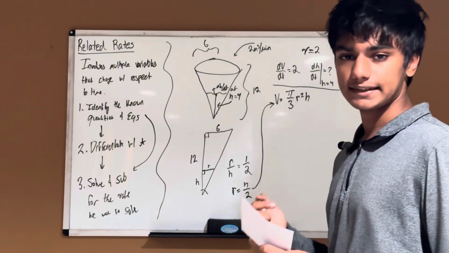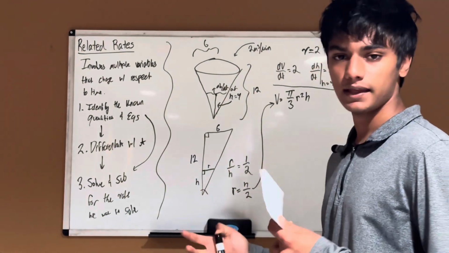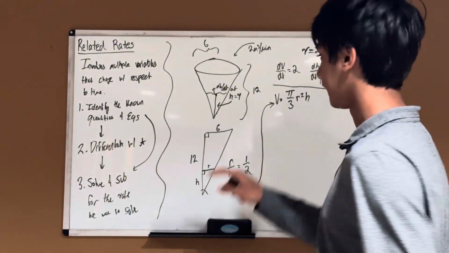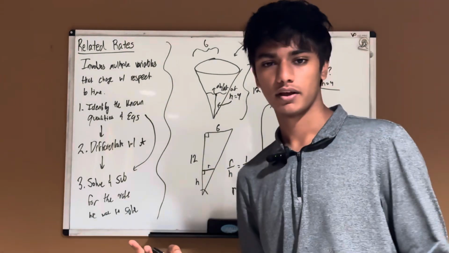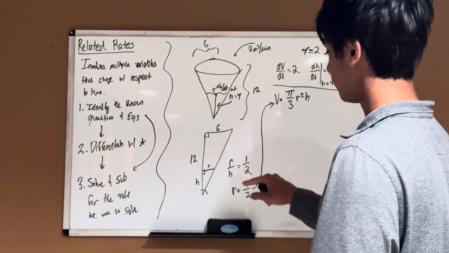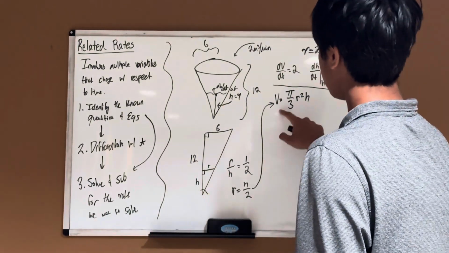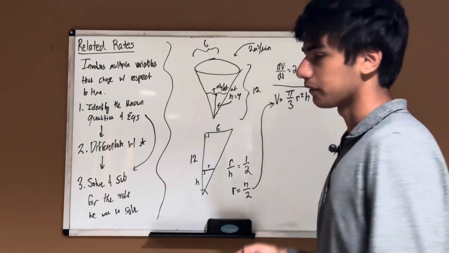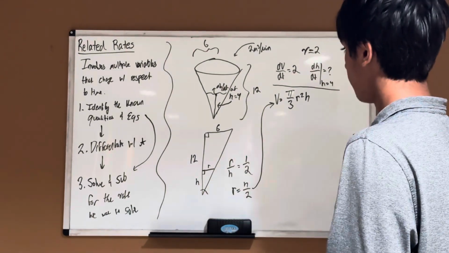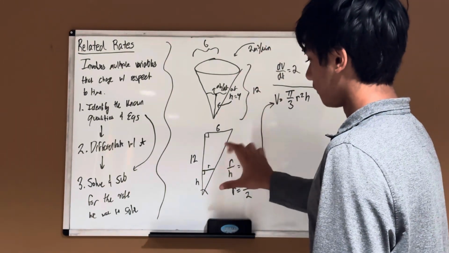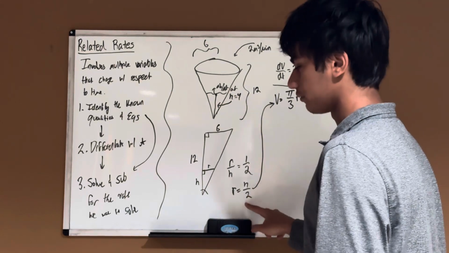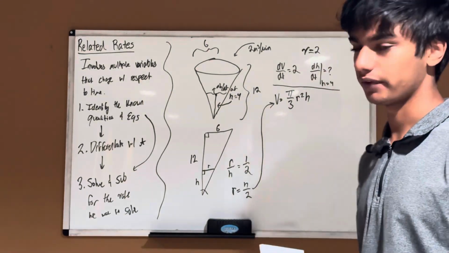So whenever you have a case like this where you have an unknown that you can't solve for because you have two unknowns, the idea is you have to create a new equation somehow and plug it into the old equation to get rid of that unknown. So in this case, we used the property of similar triangles to create a new equation that we can now plug into the old one.